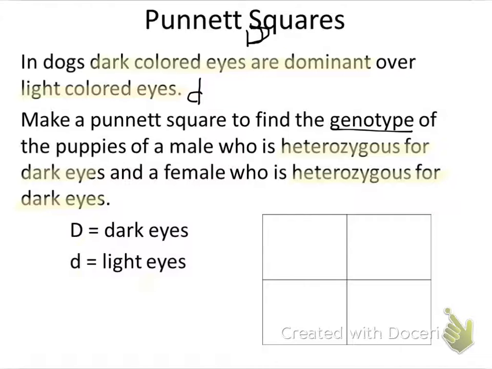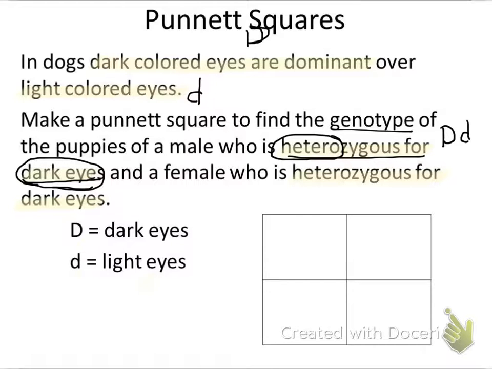Okay, well let's start by figuring out what this heterozygous for dark eyes means about the genotype of the male. First of all, hetero means different. So that means that if he's heterozygous for dark eyes and his two alleles are different from each other, his genotype is capital D, lowercase d.